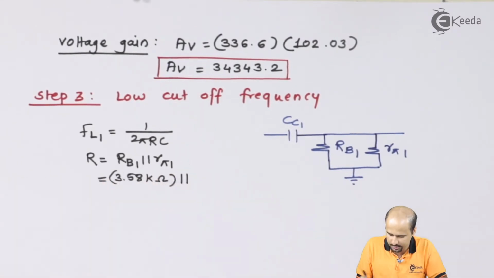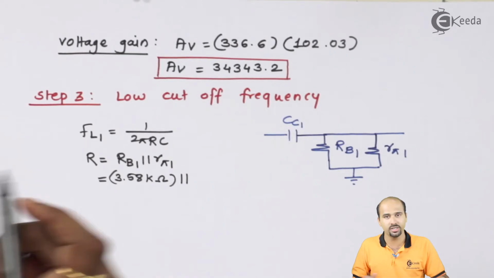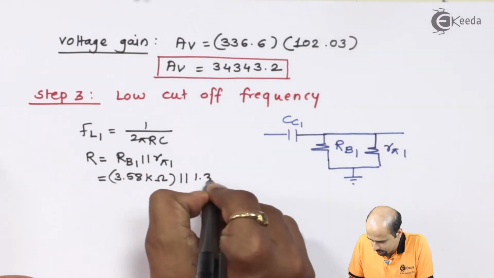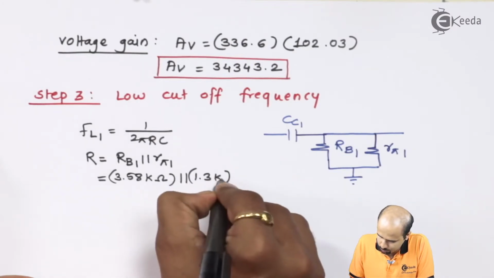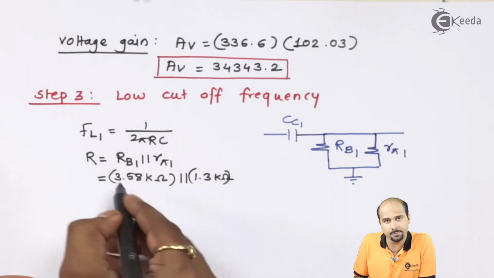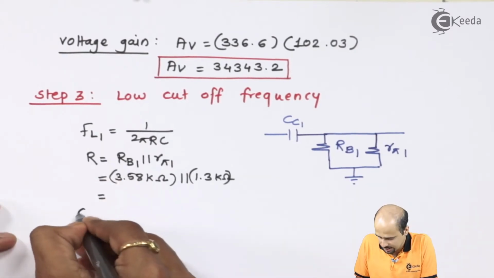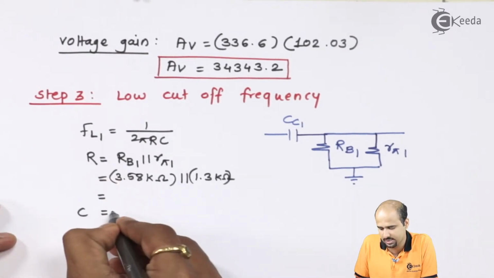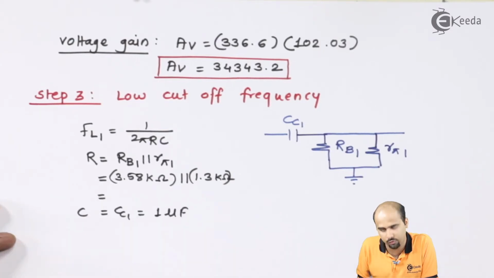So here R pi 1 comes out to be 6.53 multiplied by 200, that's the value of beta, which is 1.3 K. So 1.3 kilo ohm. Calculate this parallel combination and that will give you the value of R required for FL1. Similarly, the value of CC1 is given as 1 microfarad.